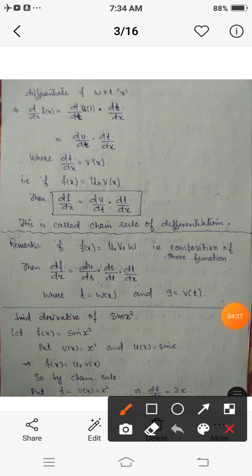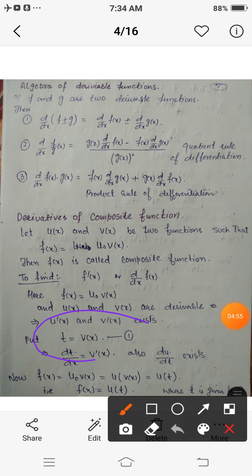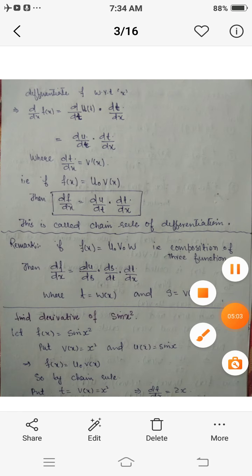When we differentiate f with respect to x, in the LHS we simply get d by dx of f of x. But here u has a parameter t. This means that we have to differentiate u with respect to t, it is du by dt, because u is a function of t. Also, here t is connected to x, which implies that we have to differentiate t with respect to x again, it is dt by dx.